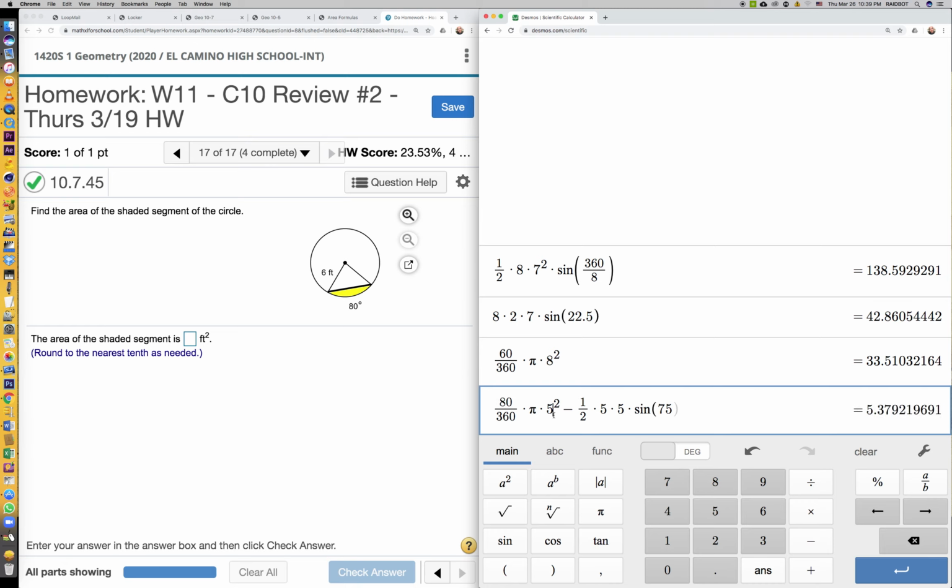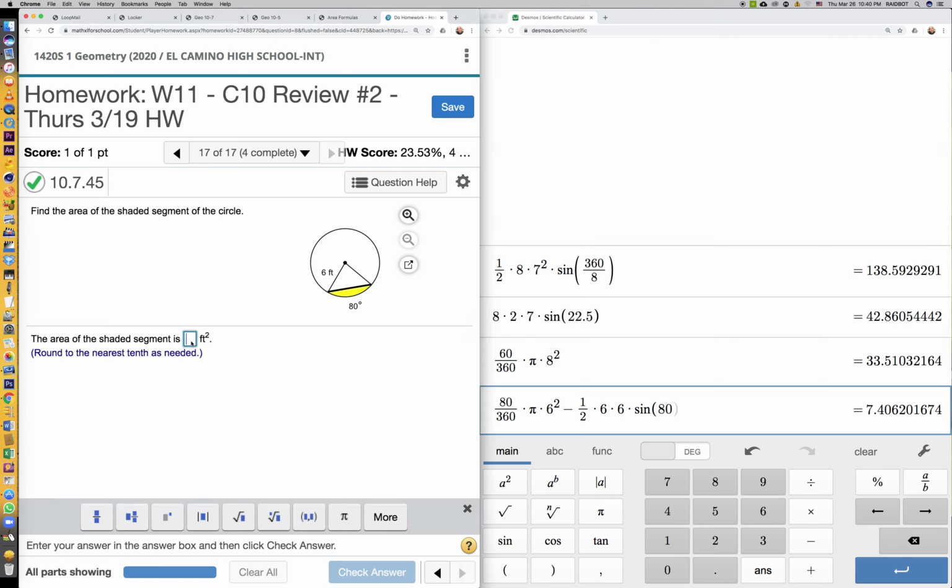The radius happens to be 6, so I change to 6. Subtract half, sine times sine. It's not 5 anymore, it's 6 now. So I change to 6, and then sine of 80 degrees. So the answer with 1 decimal is 7.4.